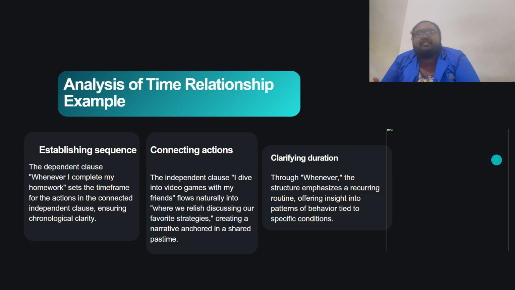Connecting actions, the independent clause I dive into the video game with my friends flows naturally into where we rehash discussions, sharing our favorite strategies, creating a narrative anchored in a shared pastime. Clarifying the vision through whenever, the structure emphasizes a recurring routine, offering insight into patterns of behavior tied to specific conditions.